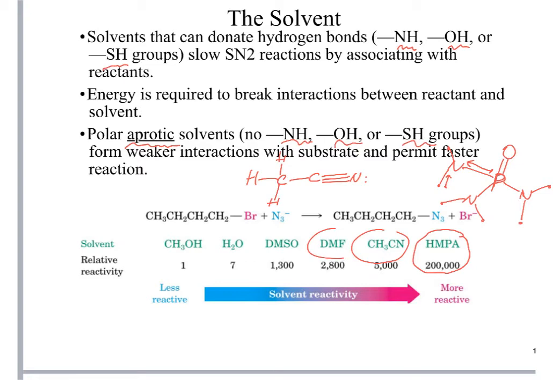followed by DMF, or dimethylformamide, and again we have dipole moments between nitrogen, carbon and nitrogen, resulting in high polarity or high dielectric constant.